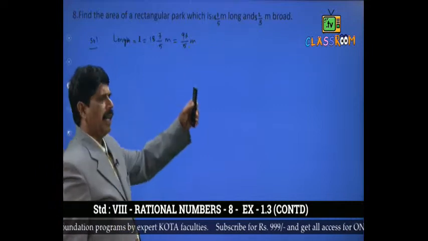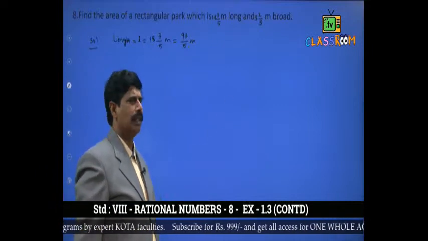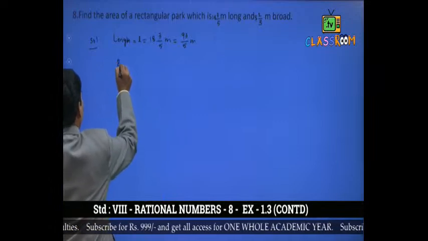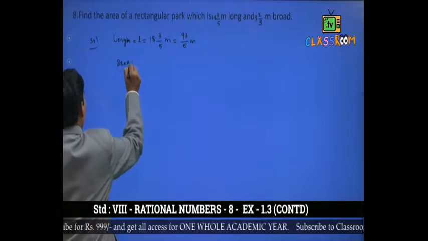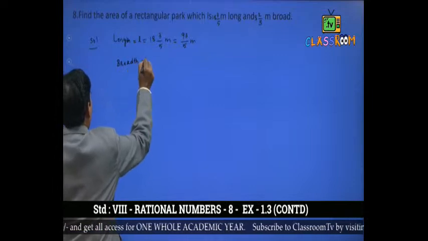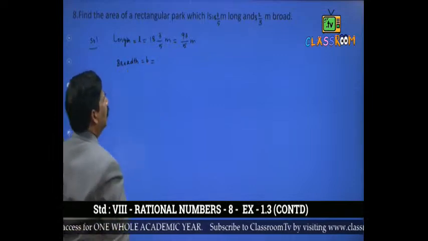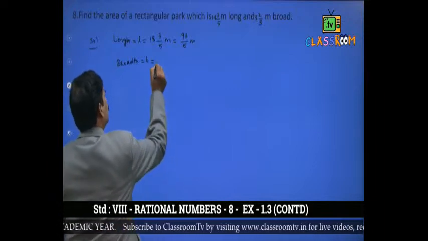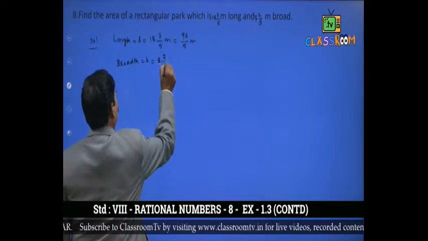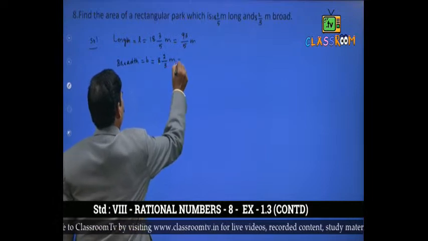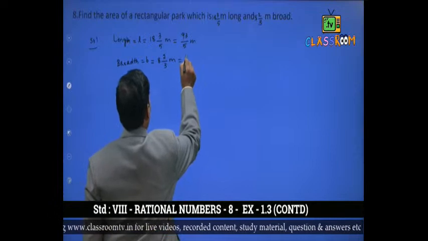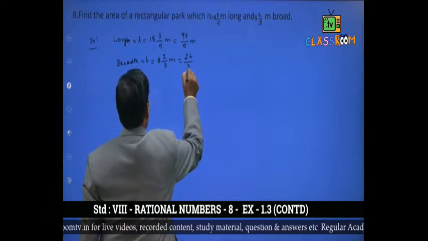And he has given the breadth. Breadth is equal to B. What is the breadth given? 8 2 by 3 meters. So this is equal to 8 3s are 24, 24 plus 2, 26 by 3 meters.